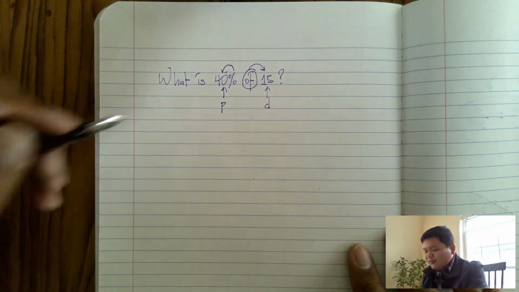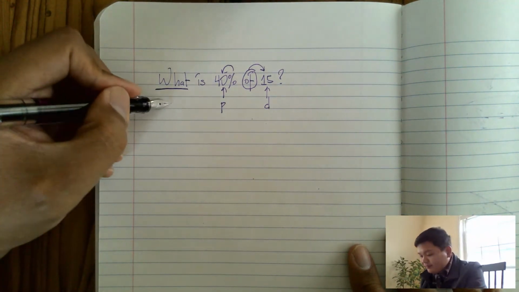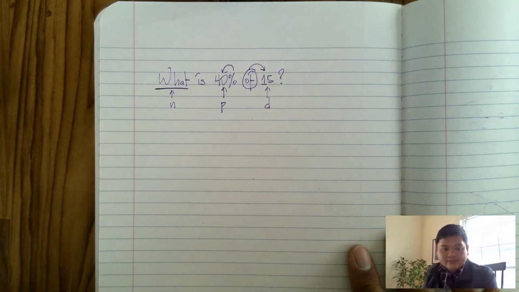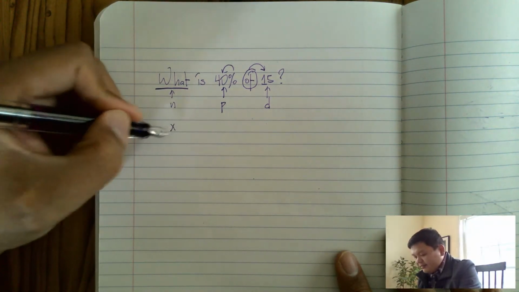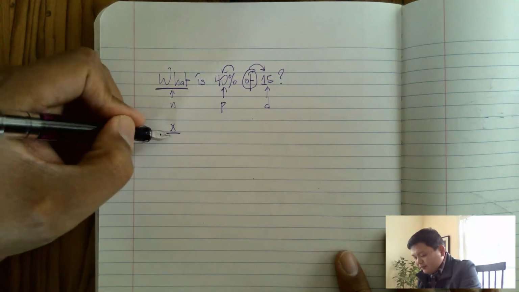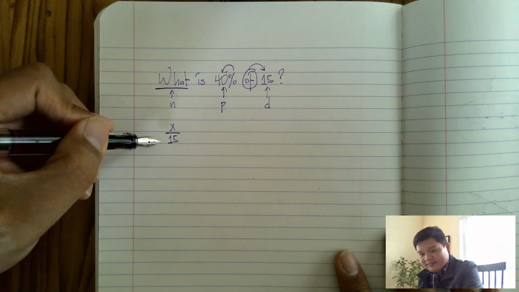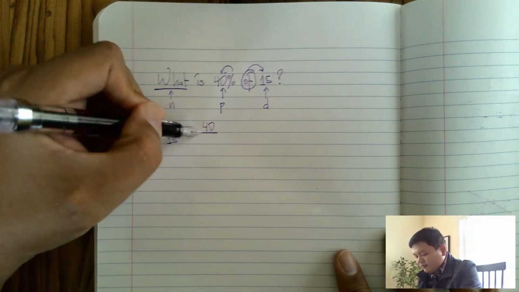This means that the word what is the numerator and it is missing, meaning we don't know what the numerator is. The sentence then becomes the proportion x over 15, remember, numerator divided by the denominator, is equal to 40 over 100.